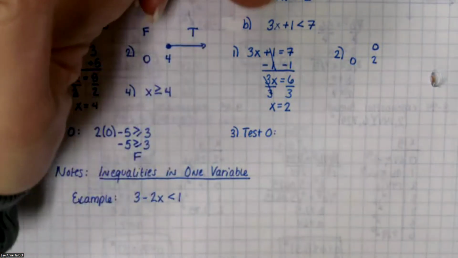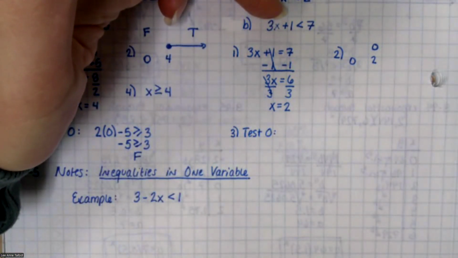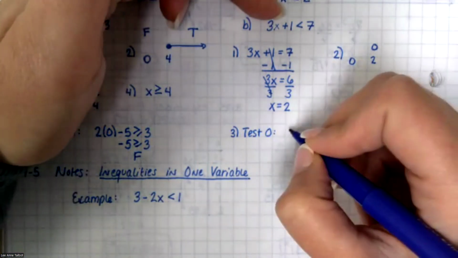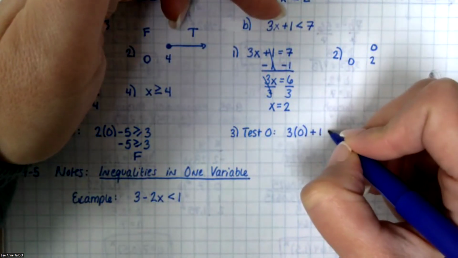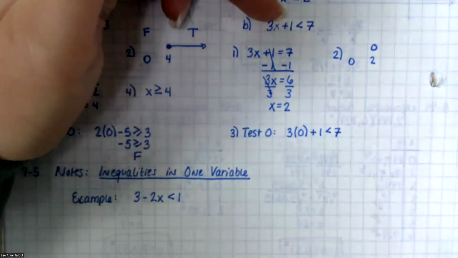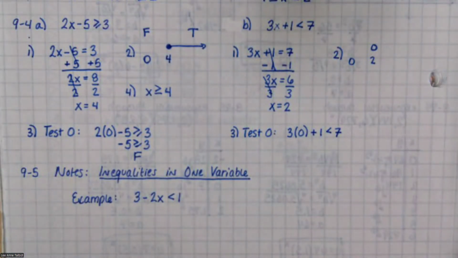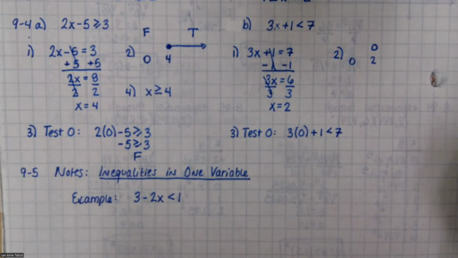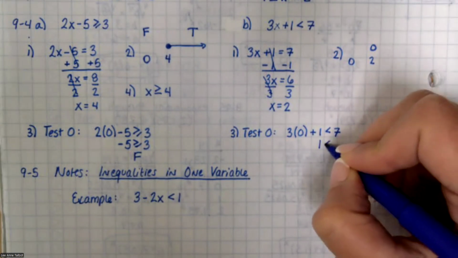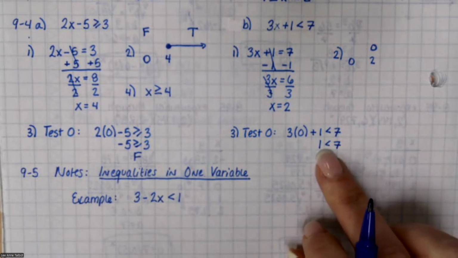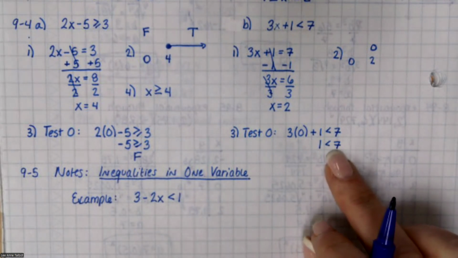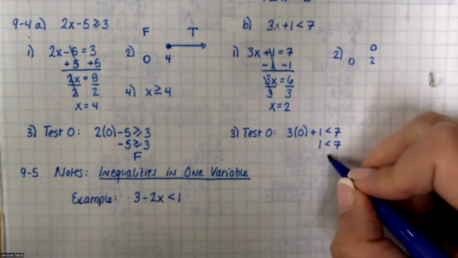Step 3, plug 0 into the original problem. And I got 1 is less than 7. Is 1 less than 7 as far as we know? It's true. It is less than 7.